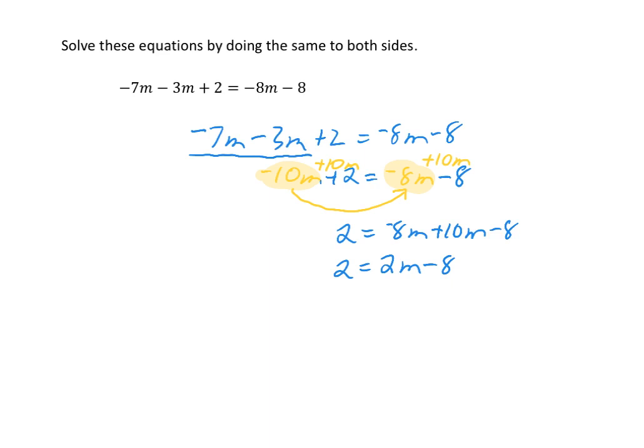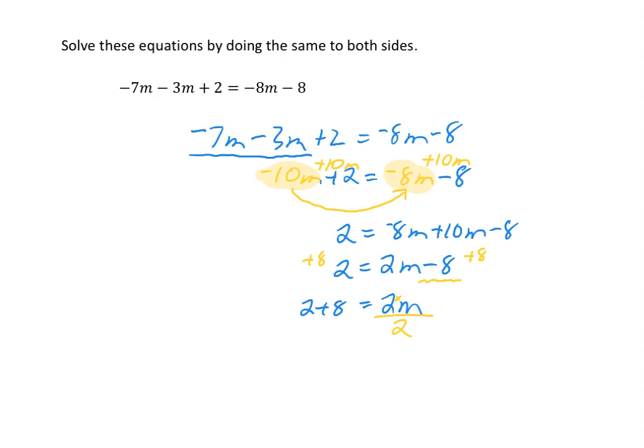Now to work out my value of m, I need to get m by itself. My next step is to remove the minus 8. The opposite of minus 8 is plus 8, which I need to do to both sides. So 2 plus 8 is equal to 2m. To get m by itself, I need to get rid of the times by 2, and that is done by dividing by 2.